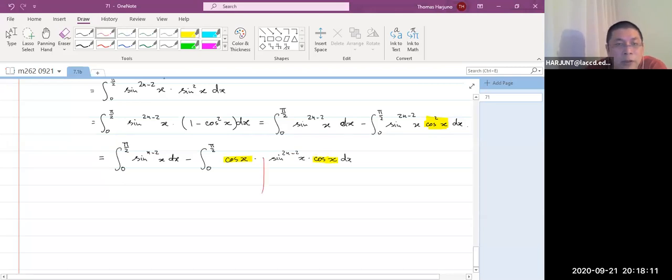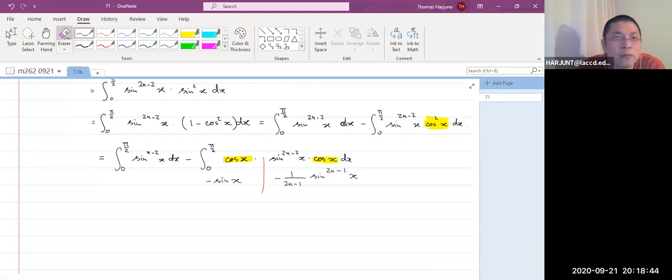Now I do the derivative. So the derivative here will be negative sine x, while the integral here will be negative 1 over 2n minus 1 sine to the 2n minus 1 of x. Do I have plus or minus? I don't need negative.